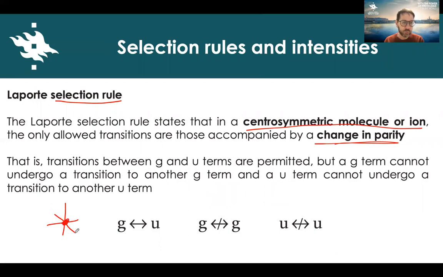If we go from one point of the molecule, passing through the inversion center, to the equivalent point on the other side, we arrive at the molecule remaining unchanged. So if we go from each point of the molecule through the inversion center, we see that the molecule remains unchanged. So the molecule is centrosymmetric.